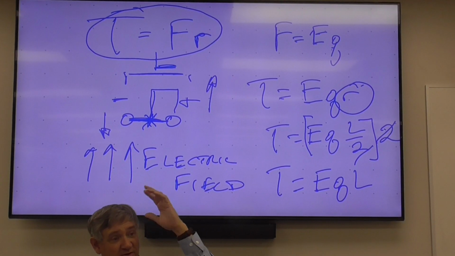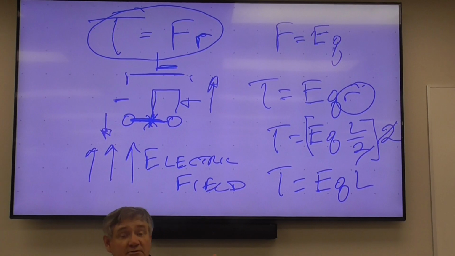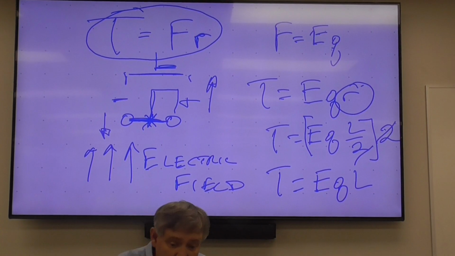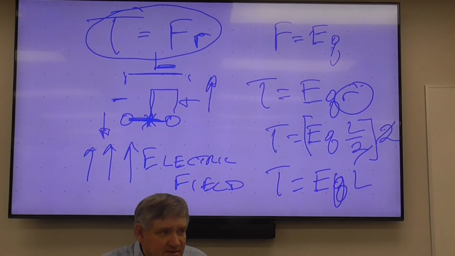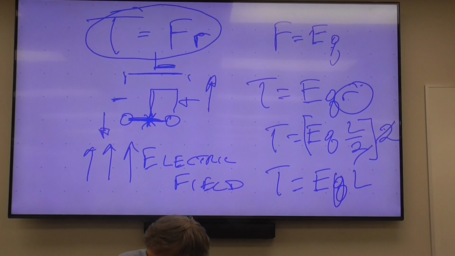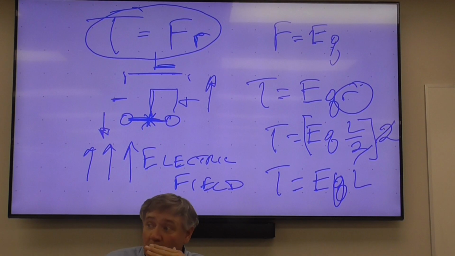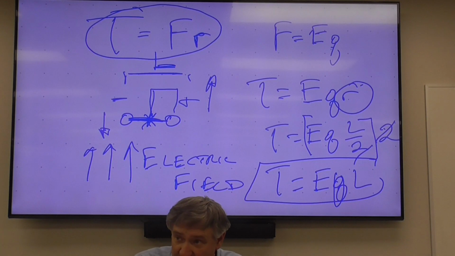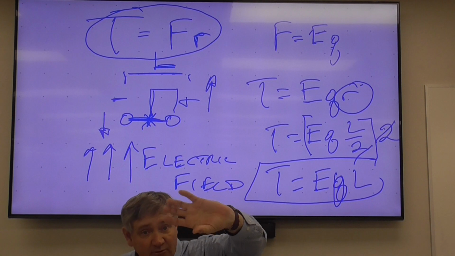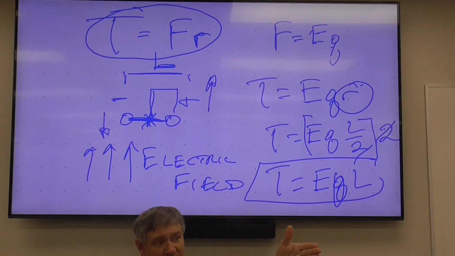So if you're going to create a torque on a polar molecule, it has to be a polarized molecule, because if there is no charge on that, nothing's going to happen, because it won't interact with the field. So if you have a non-polarized molecule, this won't happen. But what you can do is, if you have an external field, it will force those molecules to all line up in a particular direction.